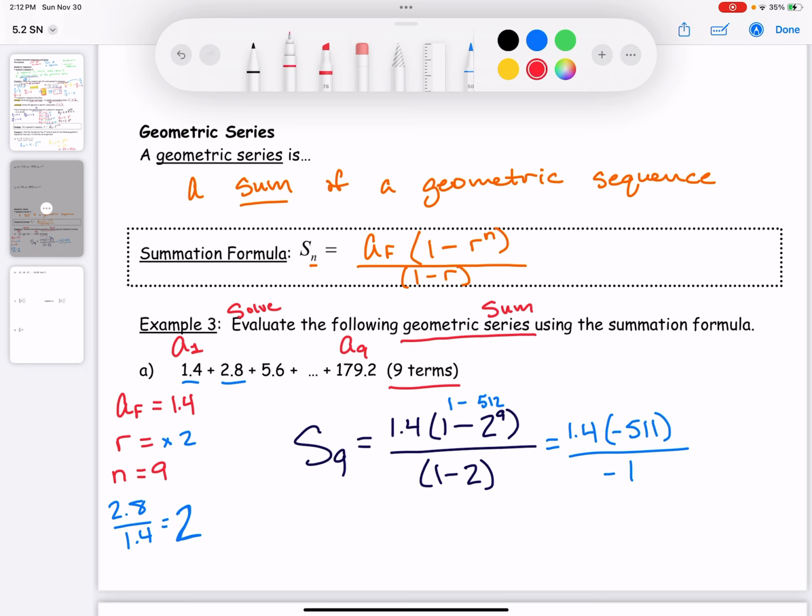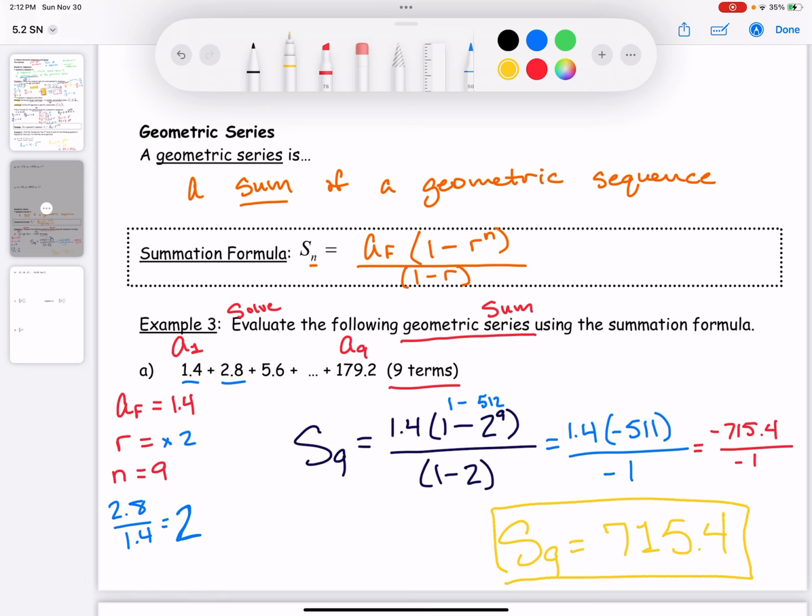Okay, now I've got to multiply 1.4 times negative 511, and that gives me negative 715.4. That is over negative 1. A negative divided by a negative equals a positive, and any number divided by 1 is just itself.